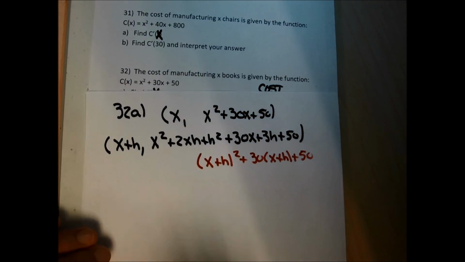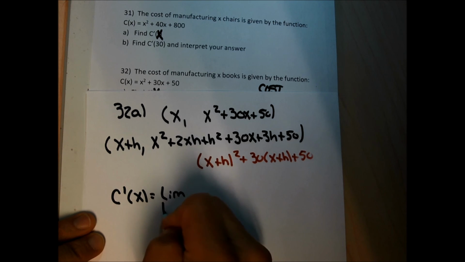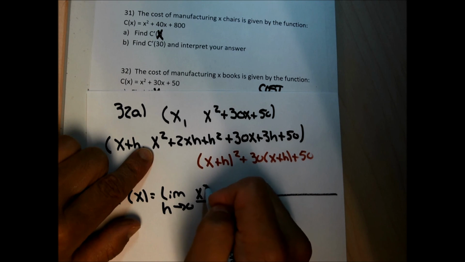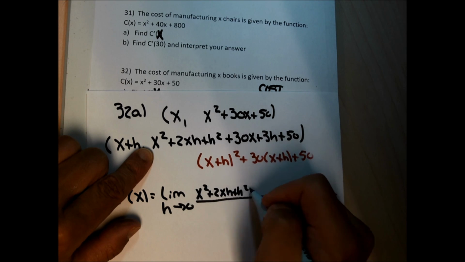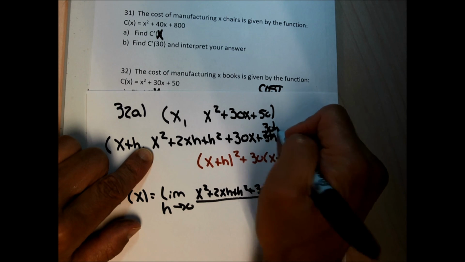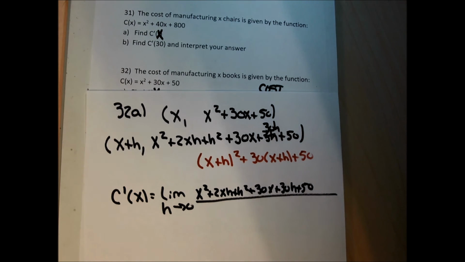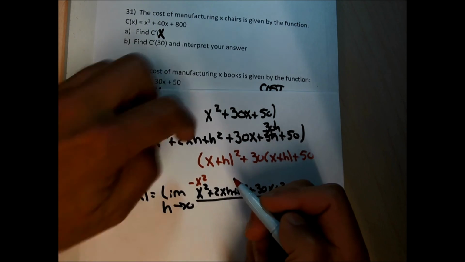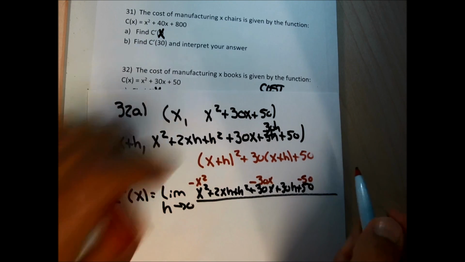And now I'm going to find the derivative. So c prime of x equals the limit as h goes to 0 of y2, x squared plus 2xh plus h squared plus 30x, should be plus 30h here, plus 30h plus 50, and then I have to go minus x squared, which I'm going to write up here so you can see the canceling, minus 30x so you can see the canceling, and minus 50 for the numerator.